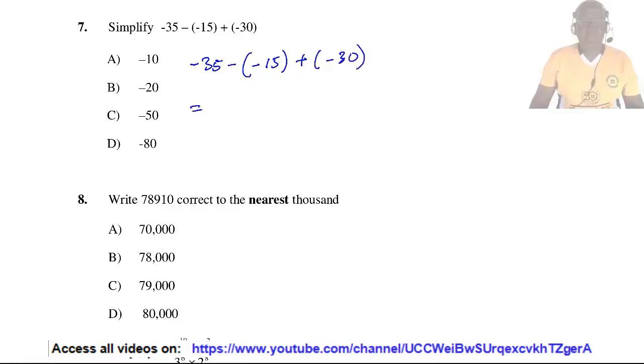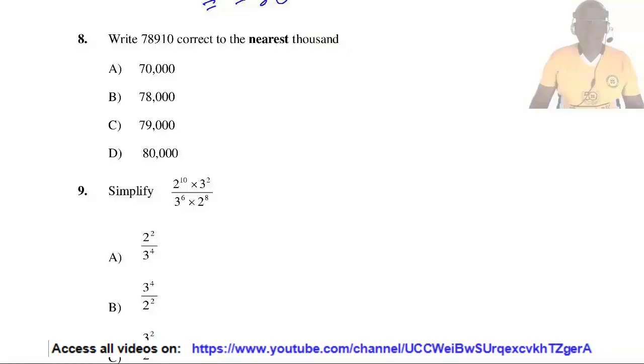This equals -35, minus a minus gives plus, so plus 15, minus 30, or -20 minus 30, which equals -50. So the answer is C. Question 8. Write 78,910 correct to the nearest thousand. The answer is C.